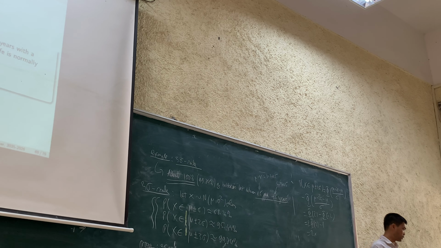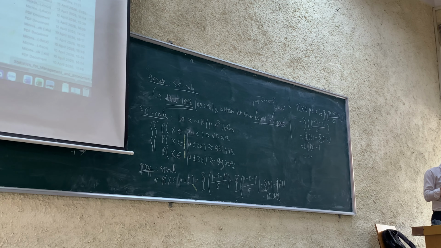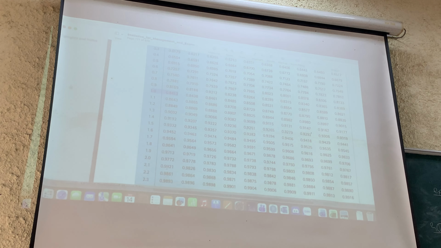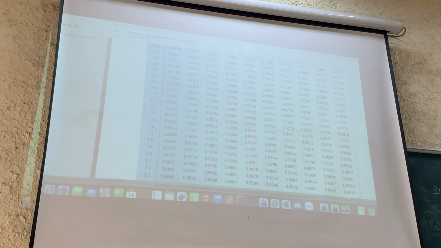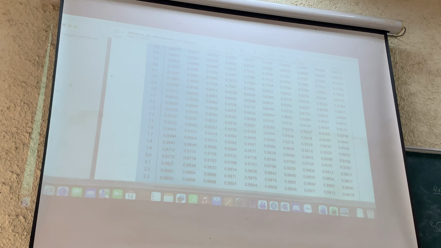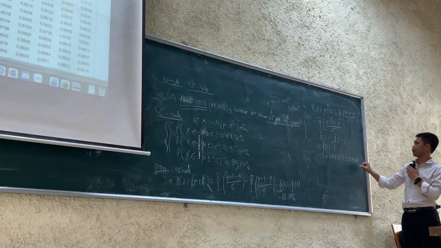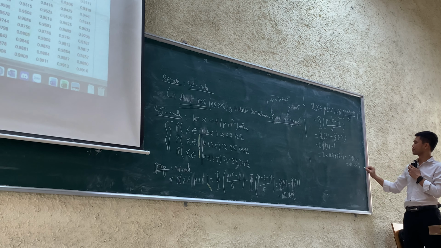What is phi 2? Okay, here on the table, 2 gives 0.9772, so the result is 0.9544, which is 95.44%. Okay.